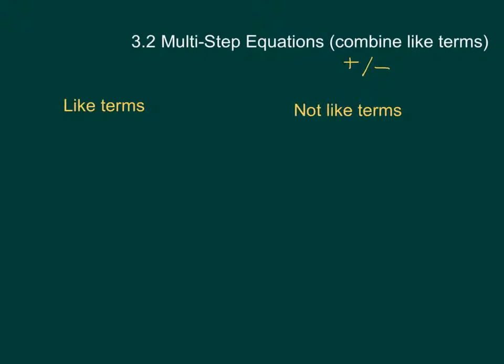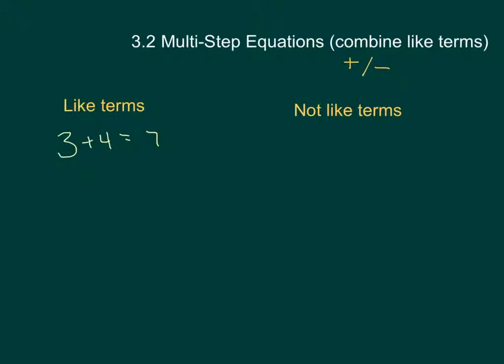For instance, okay, so what's the difference between like terms and terms that are not alike? If I was going to combine two terms, they have to have the same variable, same exponent. Sometimes they don't have a variable at all. 3 plus 4 is an example. I can combine those two together and I get 7.